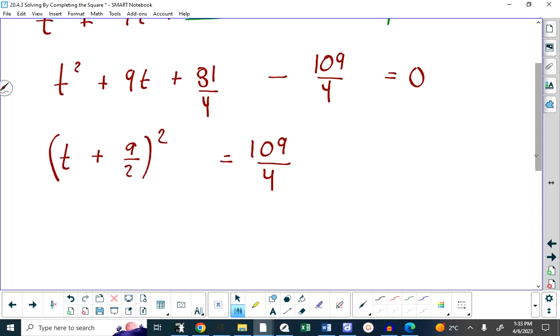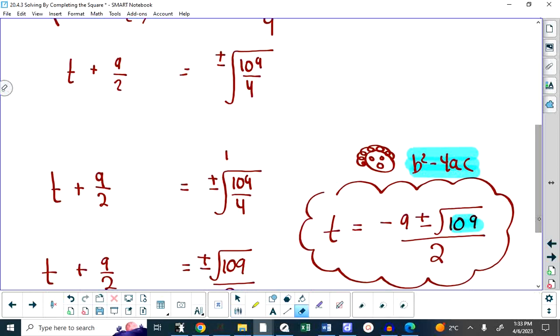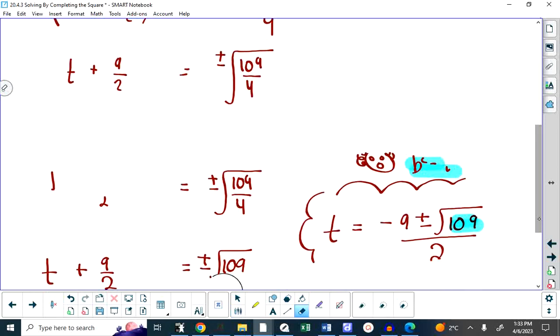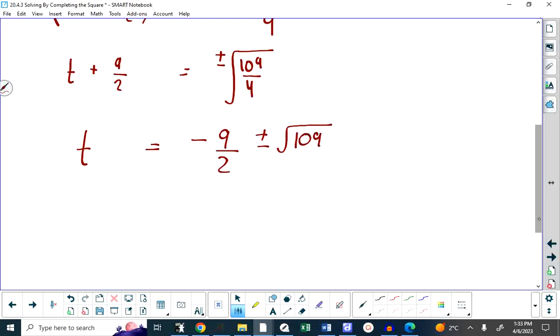I've got to take the square root of both sides. t plus 9 over 2 equals plus or minus the square root of 109 quarters. Which means t is equal to negative 9 over 2 plus or minus the square root of 109 over 2.